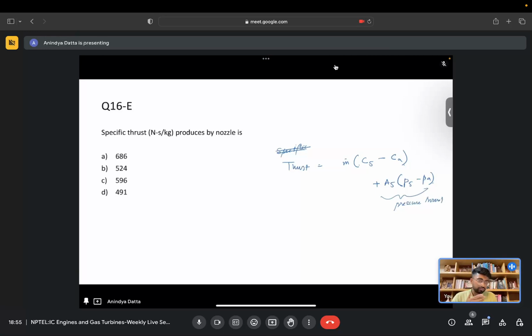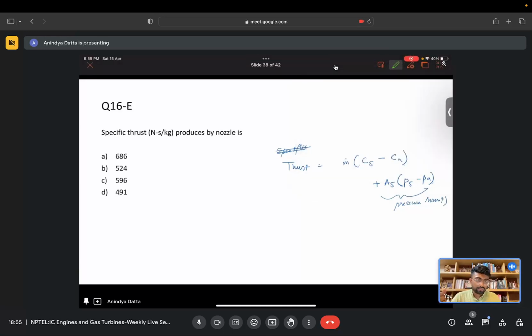Till now, if you remember the lecture on propulsive power and thrust, we have seen only the part equal to the change in momentum between the inflow and the outflow. But there is one additional part, the pressure thrust.